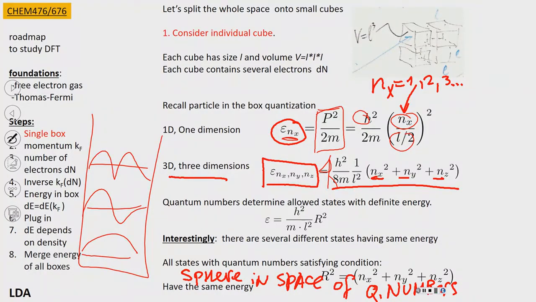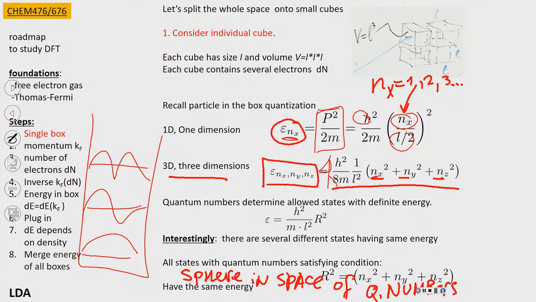We don't care what the meaning of these variables is. Instead of real space, it can be a space of quantum numbers. And if you know that the radius is fixed, it means that energy is fixed. So in this space of quantum numbers, it will be a surface of equal energy. And we need energy for the future because we need to find the energy of all electrons.